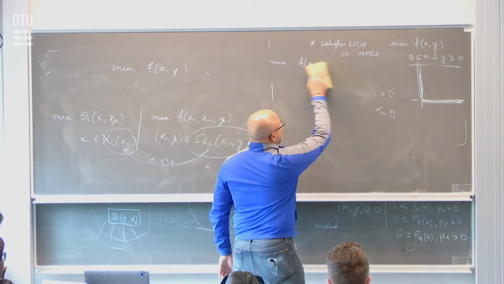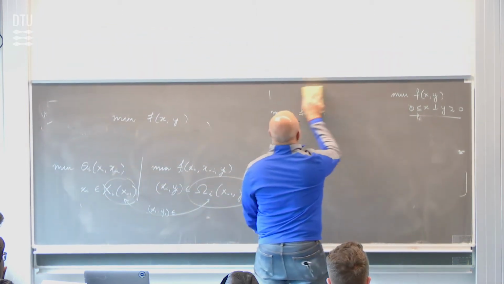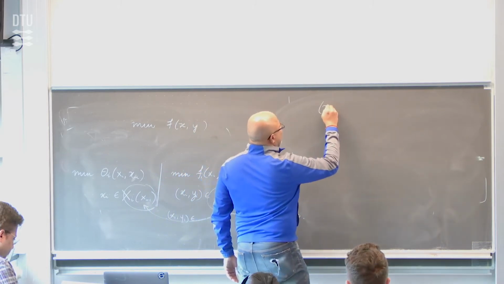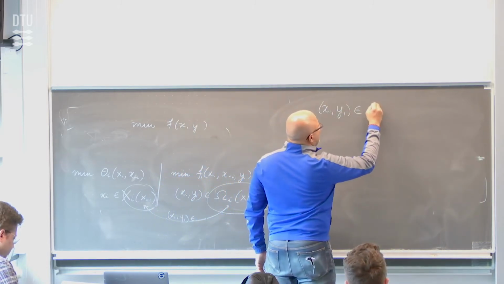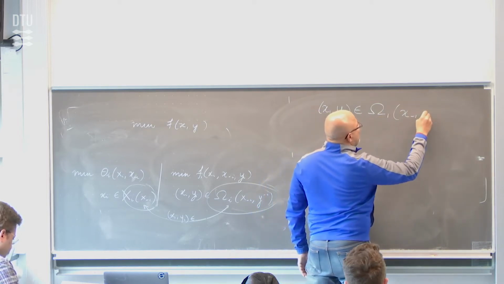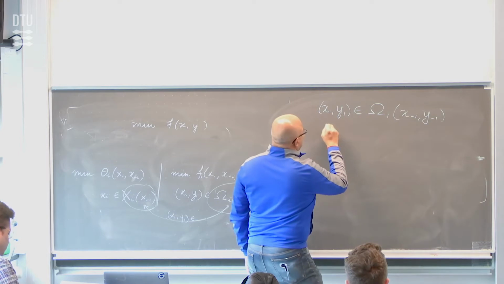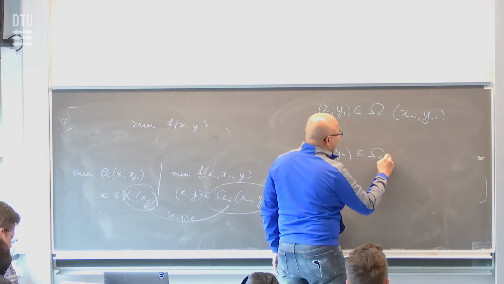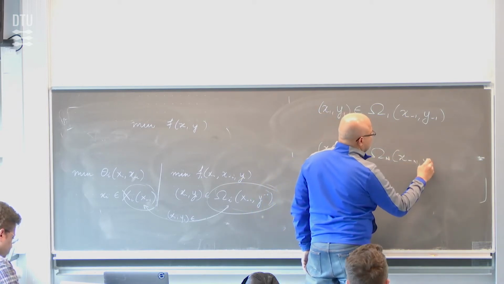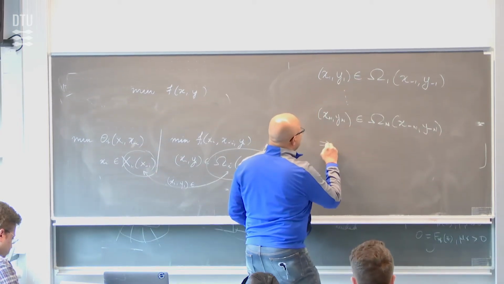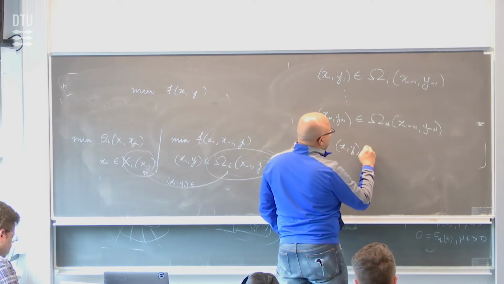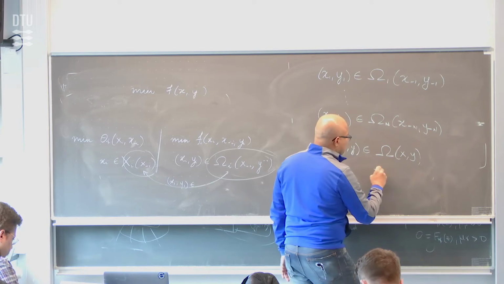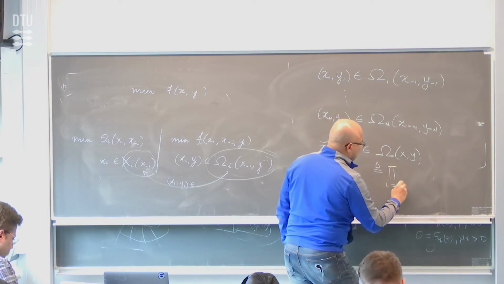I have (x1, y1) lying in omega 1 of x minus 1, y minus 1, and (xn, yn) lying in omega n, which implies that (x, y) lies in the Cartesian product. This is omega of (x, y), which is defined as the Cartesian product.